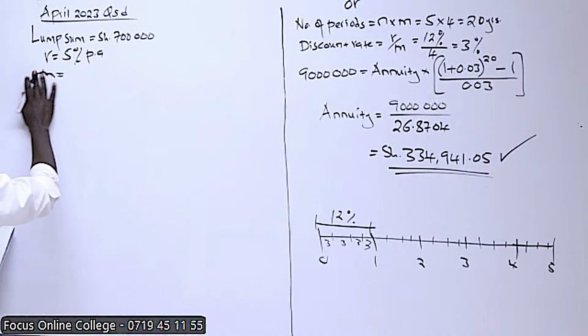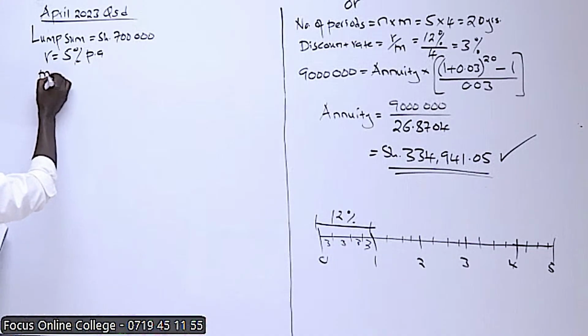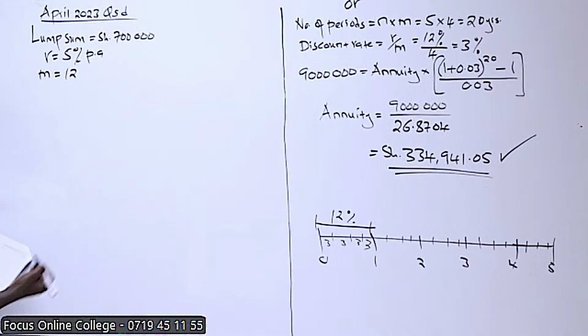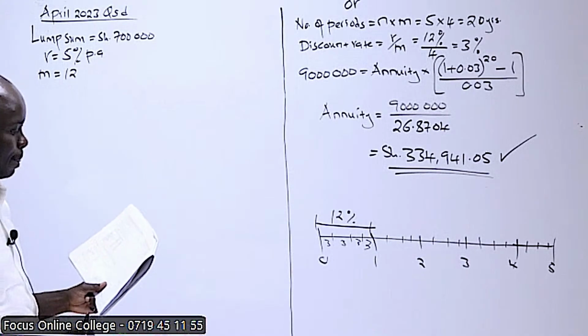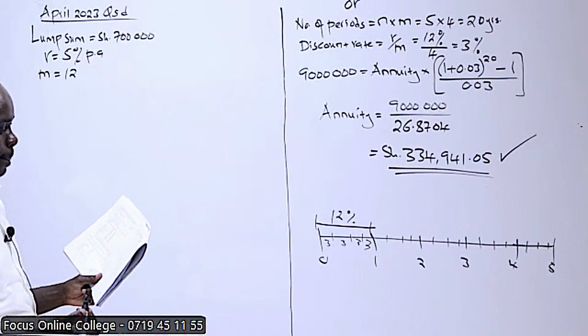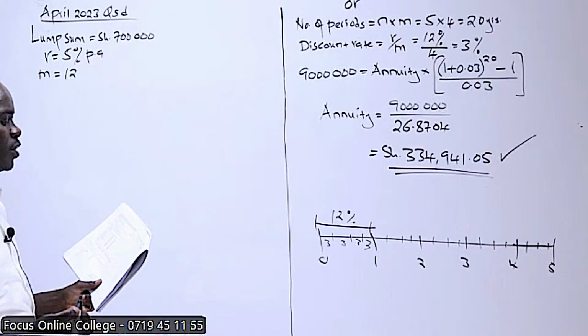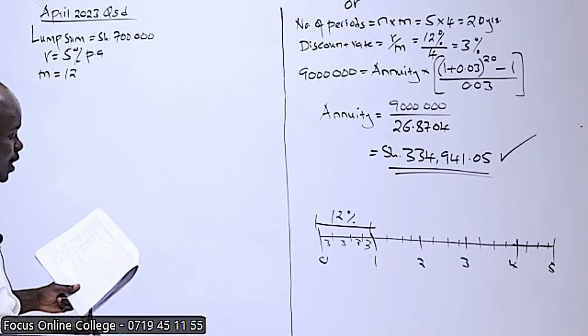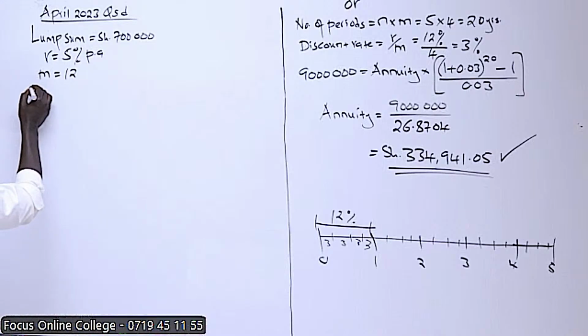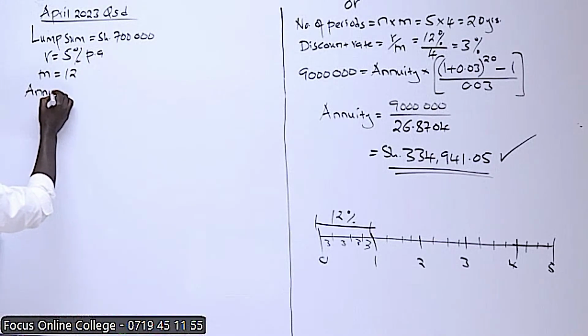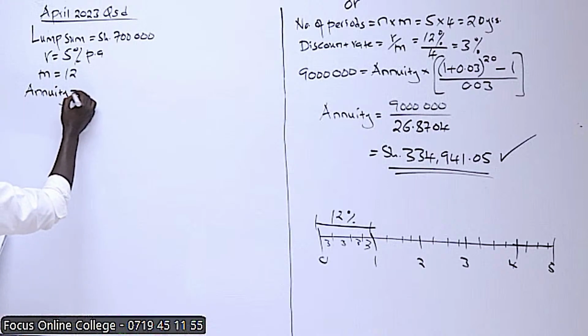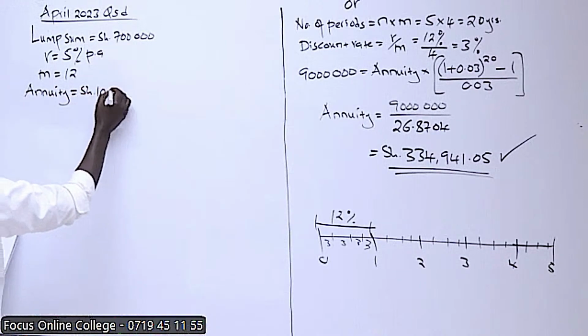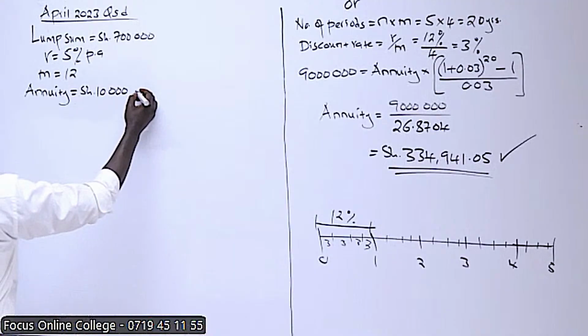M is 12. The number of times compounding is occurring in a year is 12. Then compounded monthly with additional deposits of shillings 10,000 per month. There is an annuity here, shillings 10,000 per month.